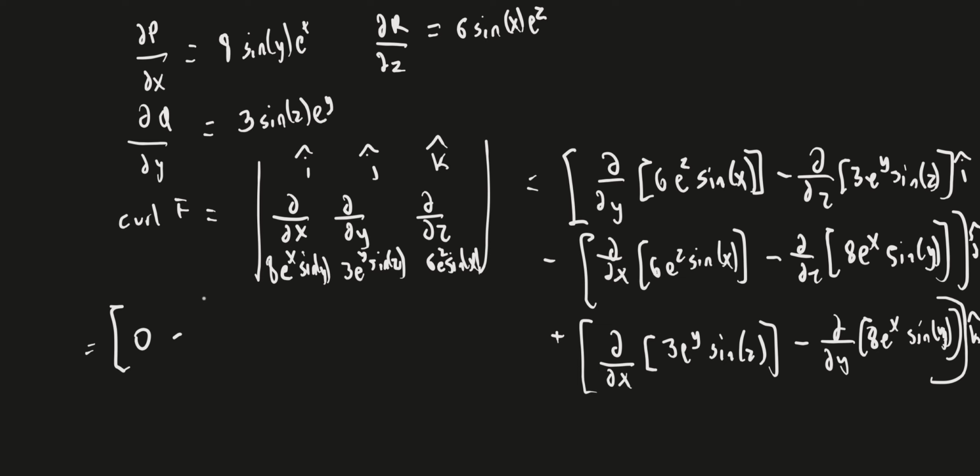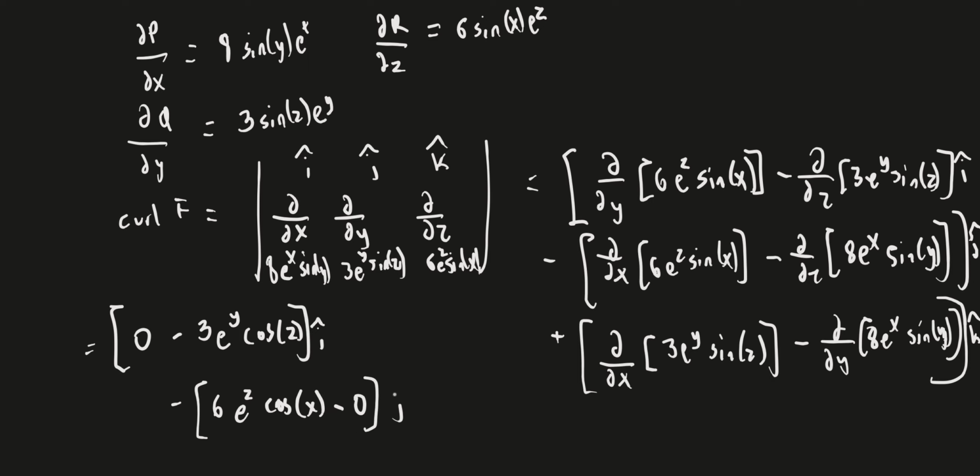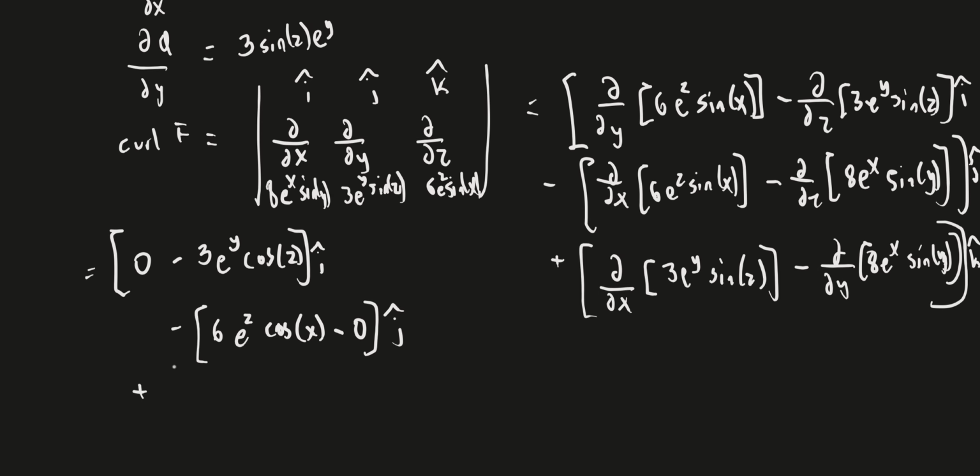Okay, minus 3 e to the y cos z minus 6z cos x minus 0, plus 0 minus 8 e to the x cos y.